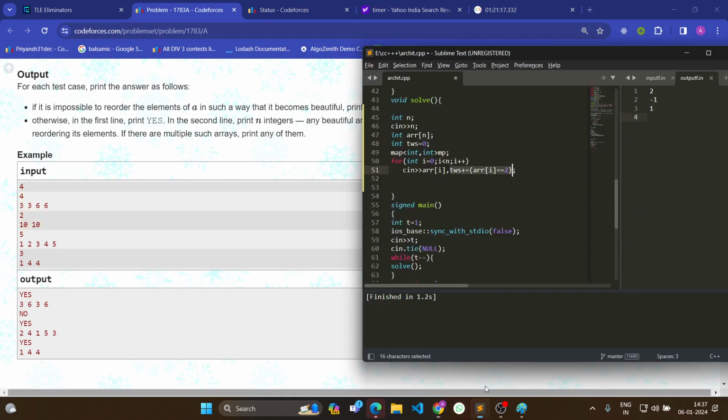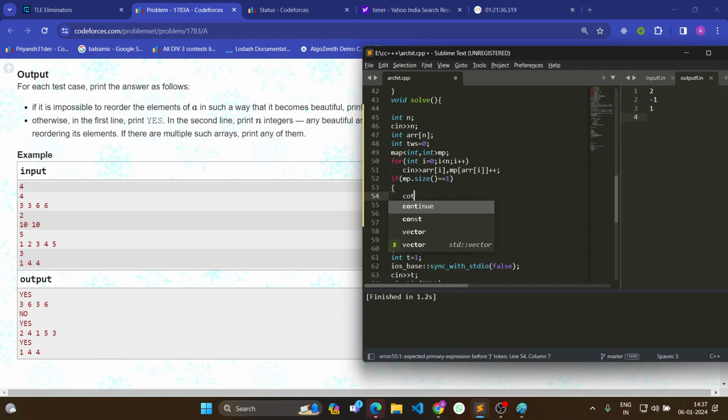Yes, so I was right, I thought correctly. So if mp.size is equals to 1, in that case the answer is no. The answer is no here.